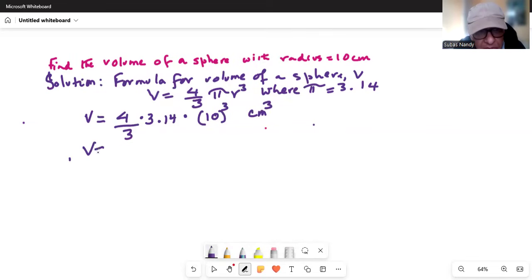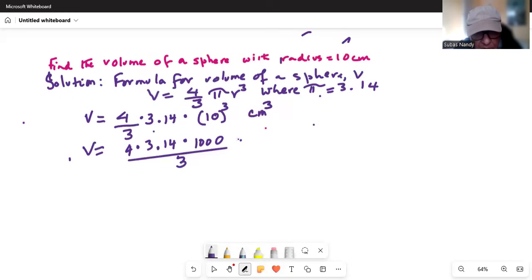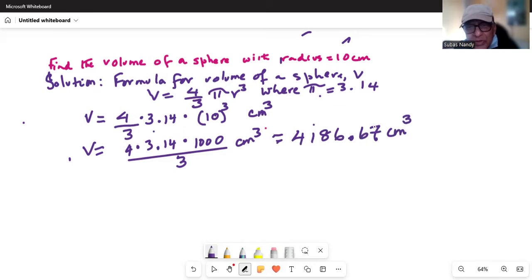So volume is equal to 4 multiplied by 3.14 multiplied by 1000 divided by 3 centimeter cubed, and it finally works out to 4186.67 centimeter cubed.